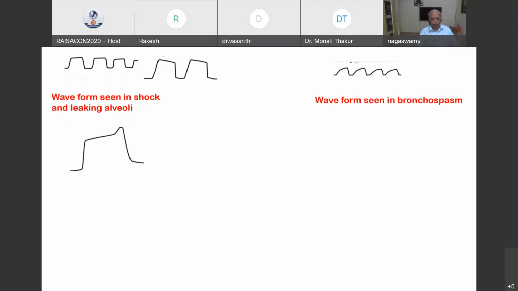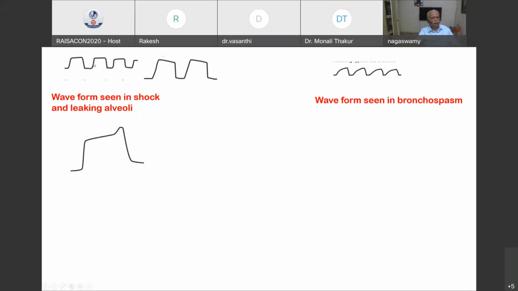This is another capnographic tracing. Where do you see this? Does it look normal or slightly abnormal? Inspiratory valve incompetence? No. Normally it should stop here and then the exhalation starts. There is no hump like this.